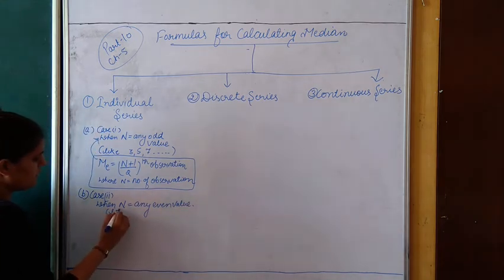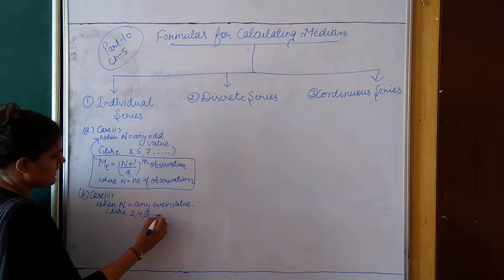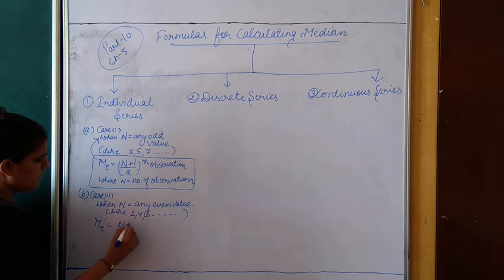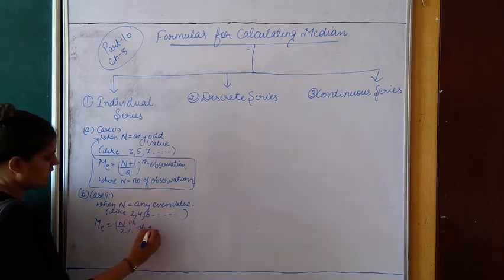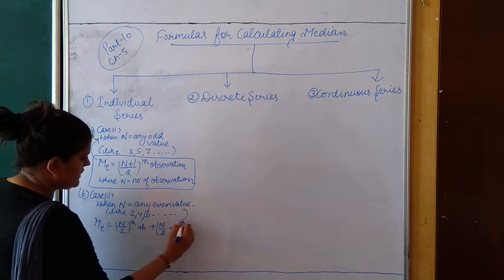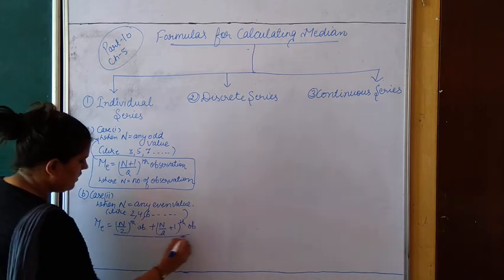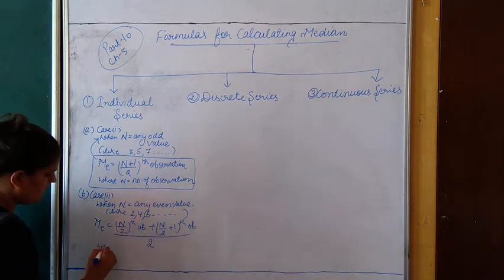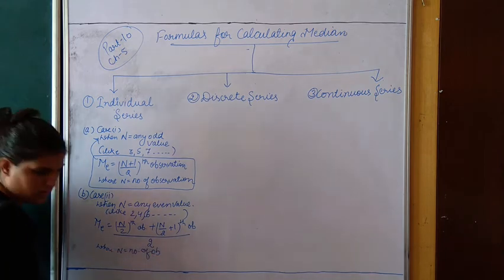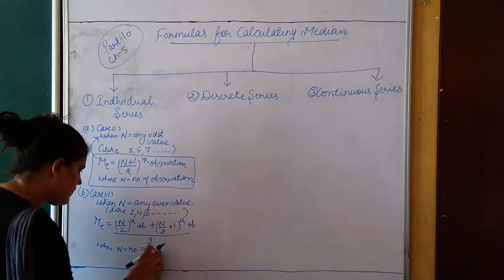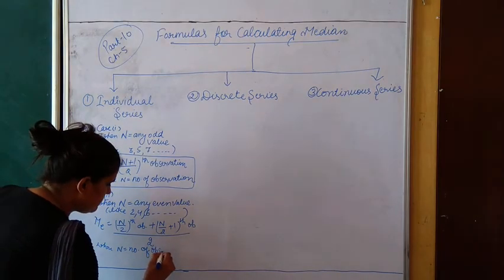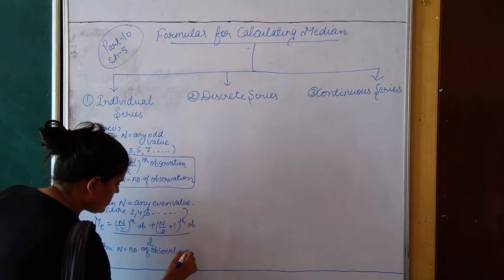That even value can be 2, 4, 6 and so on, and the formula for median will be the n by 2-th observation plus the (n by 2 plus 1)-th observation, upon 2, where n is equal to the number of observations.